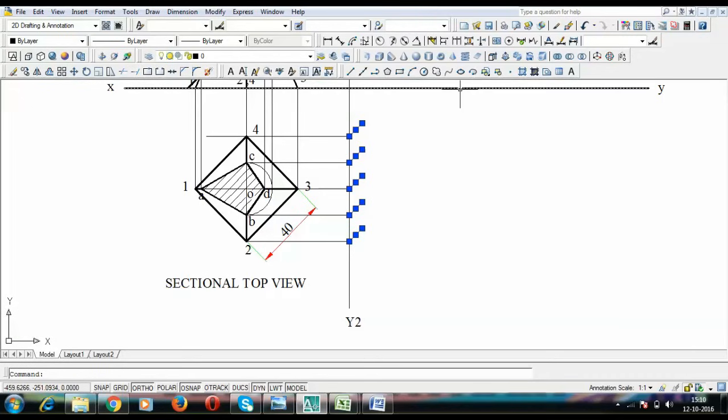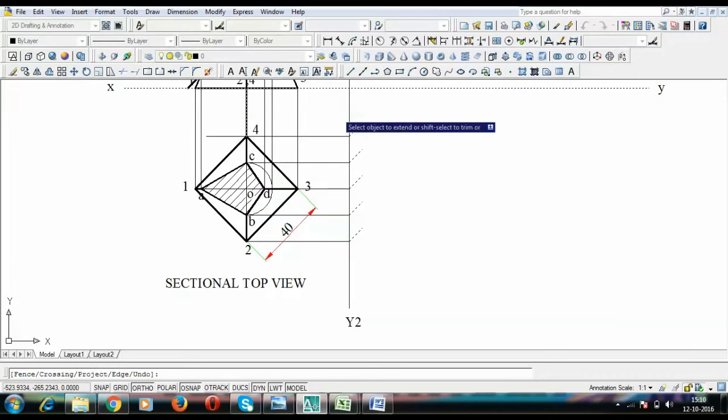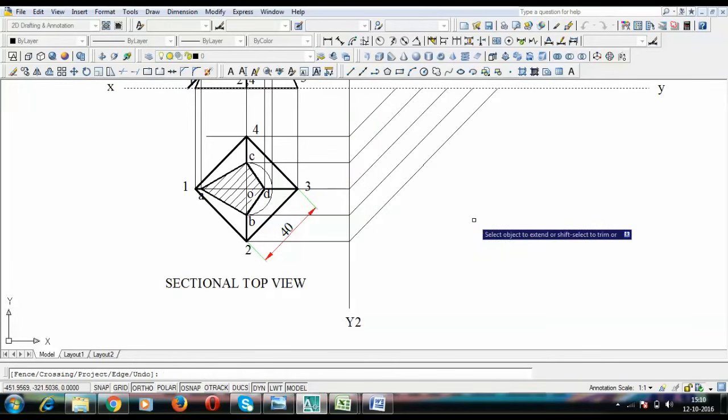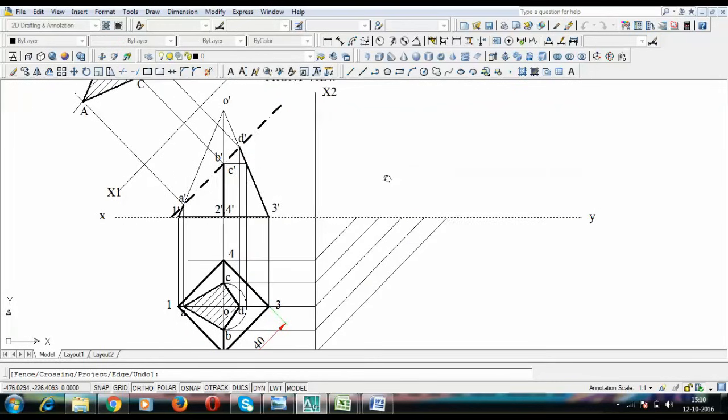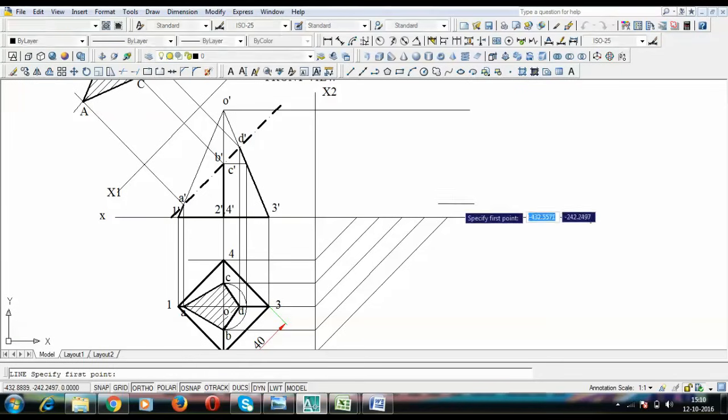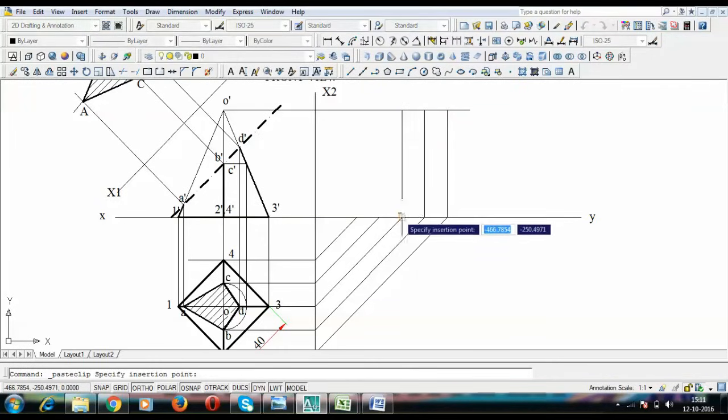Now I'm going to extend these lines until they intersect this so-called XY line. Next thing to do is to draw lines from this apex O dash towards the right for the side view, and then we draw these vertical lines. Keep your drafters absolutely vertical and keep on making these vertical lines, 5 in totality. That's it.